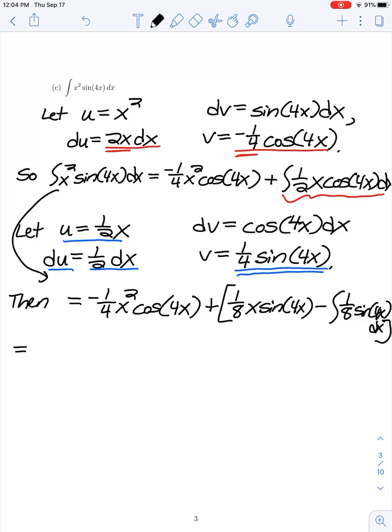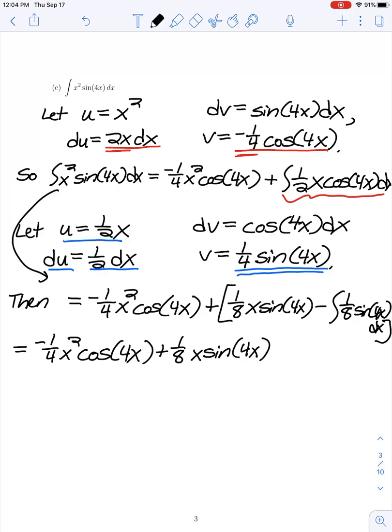So let's see what we're left with. We had a negative 1/4 x squared cosine of 4x plus 1/8 x sine of 4x.